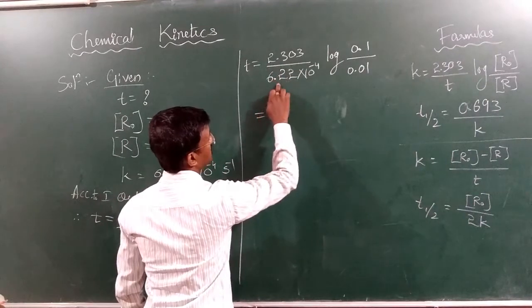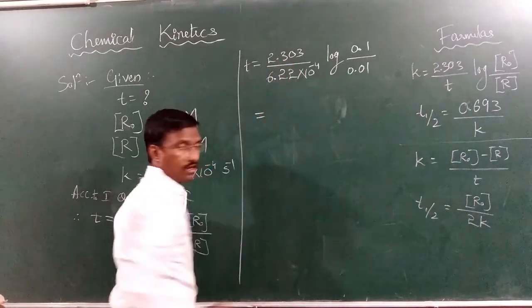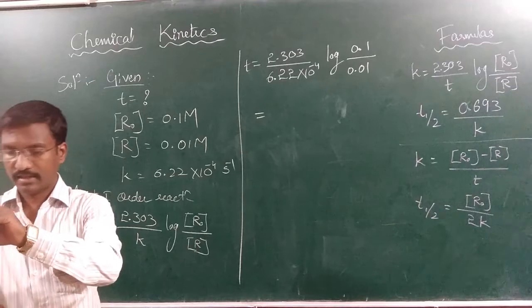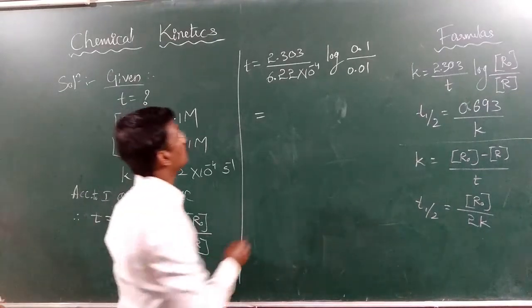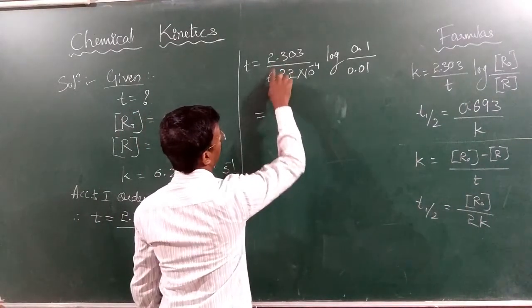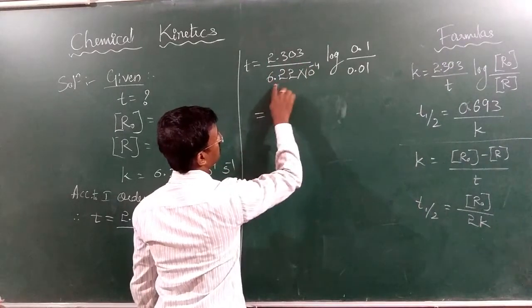Using your calculator, first you have to divide 2.303 divided by 6.22.